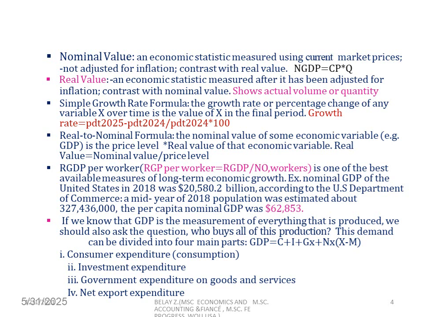If we know that GDP is the measure of everything that is produced, we should also ask the question: who buys all of this production? This is answered in the following ways. This demand can be divided into four main parts.